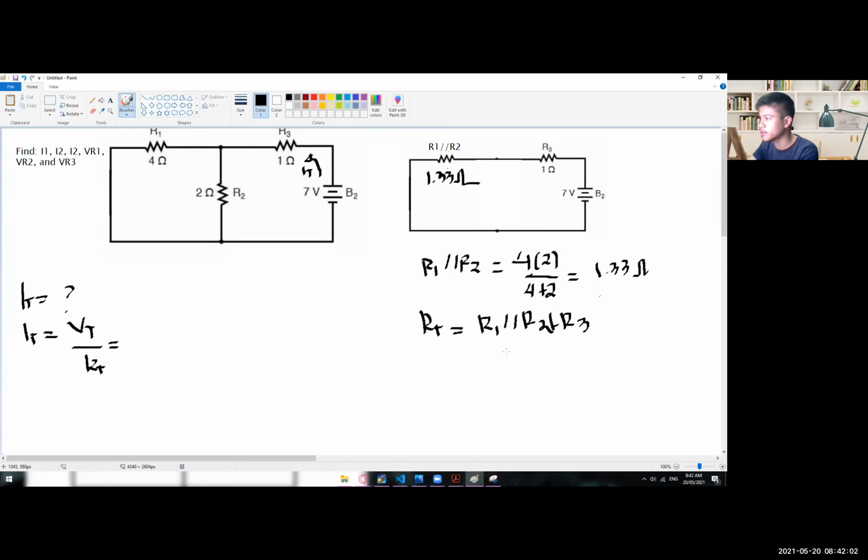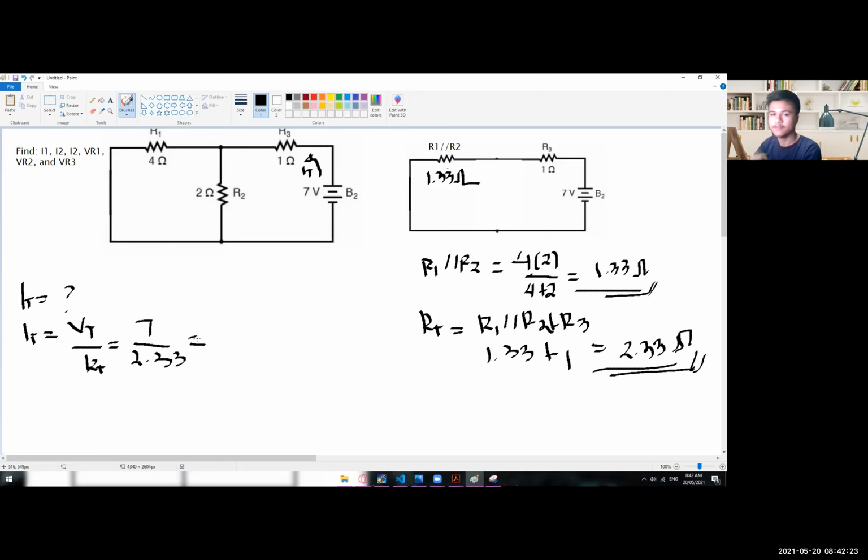So R1 parallel to R2 is 1.33 plus R3 is 1 ohm. So this one is 2.33. And then the V total is still 7, and RT is 2.33 ohms. So 7 divided by 2.33 is 3 amps.